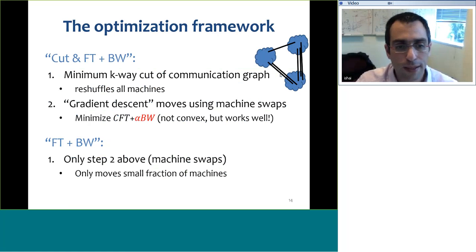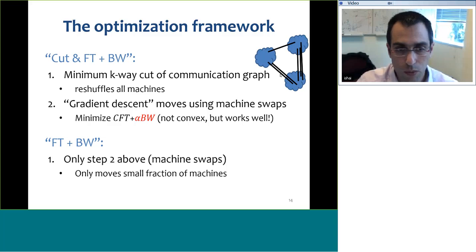The problem with that is that a cut procedure has no way of incorporating the current state of the cluster. So if you want to go to this kind of solution, you basically need to take into account that you might be reshuffling all the machines, and this is totally unacceptable.